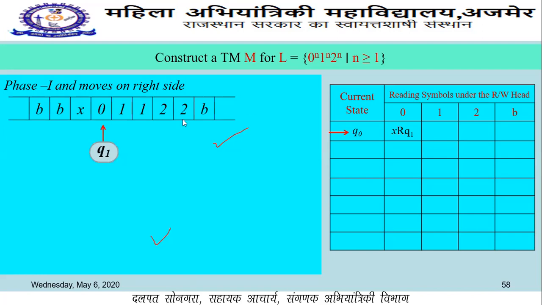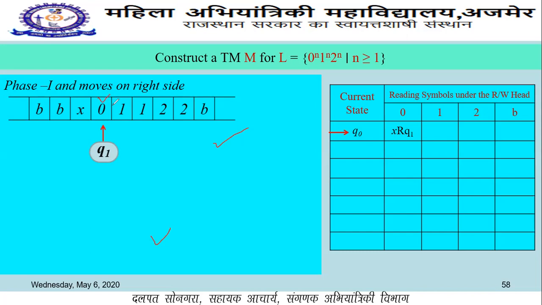Again, without changing this 0, we take the right turn, and without changing the state also. A simple thing is that we have to convert the first 0 of string w by its corresponding tape symbol, that is x, and after that all zeros are just passed, because we are interested in finding only the first 1. So this 0 is just passed and we take the right turn.